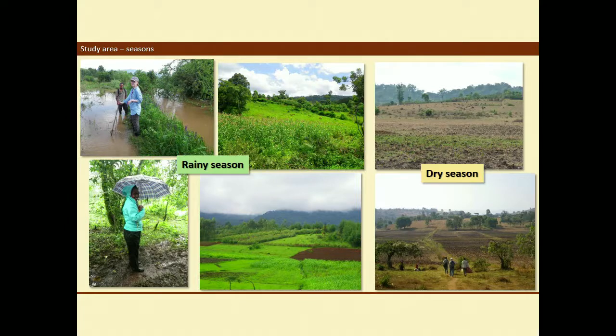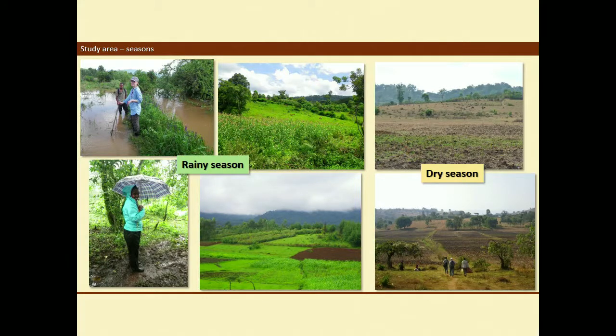And there are two main seasons in this landscape. We have the rainy season, which is very green, and we have the dry season, which is more beige or overgrazed. It's not only the general appearance that differs between these two seasons, it's also the resource distribution for bees.